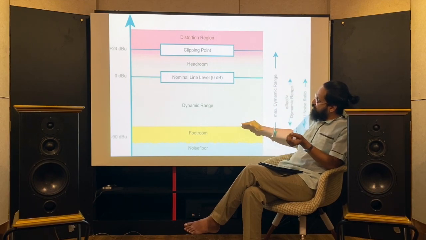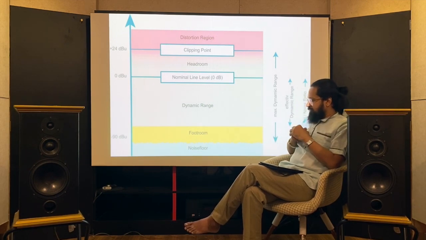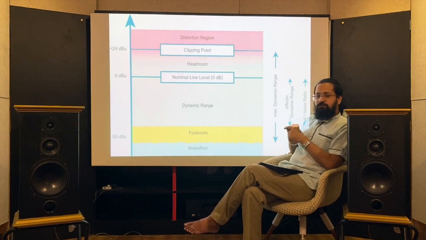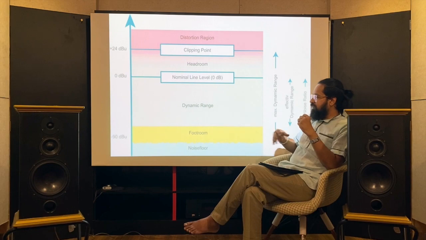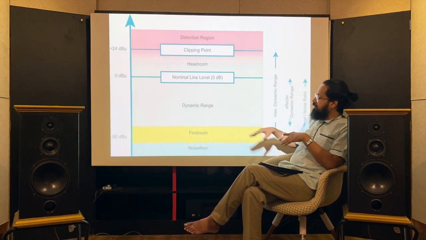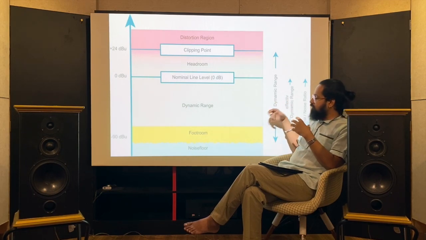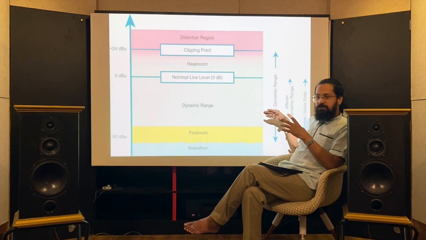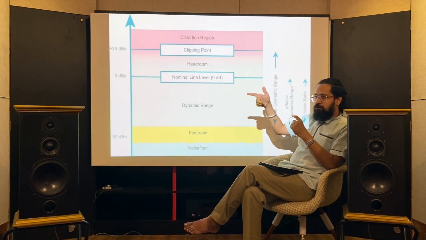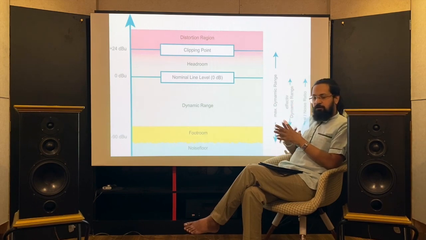Some of them will come to the dynamic range, and sometimes some of them might come to the foot room as well. For example, the rustling of leaves in certain tense conditions falls very close to the foot room range when you are watching a movie, and somebody is walking behind you, somebody knocks on the door from a distant region, somebody is giving a shout out to the lead character from a very distant location.